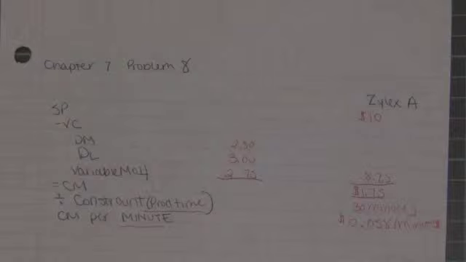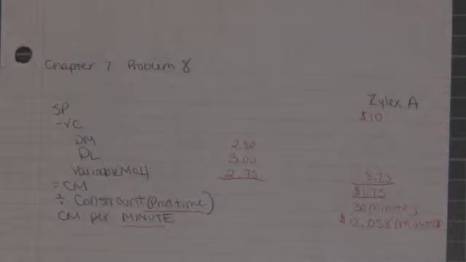Okay. All right, so I'm going to shift the page up, and we are going to go to Xilex B. So Xilex B, as the story will tell you, cannot be made without making Xilex A. So in our analysis, we are going to be figuring out the incremental changes in contribution margin.